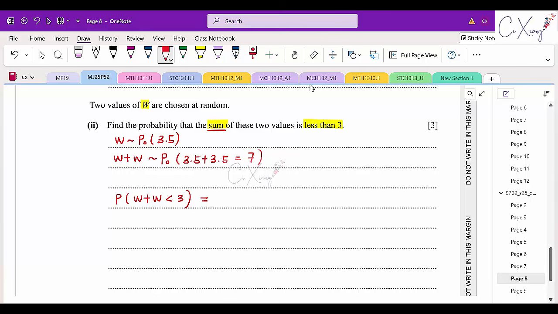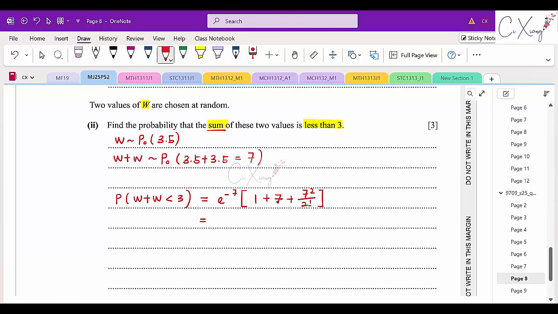Again, for the step, I always prefer to factorize out the e power negative lambda first. Lambda power 0 divided by 0 factorial is always 1. Lambda power 1 divided by 1 factorial is always lambda. So this is the term for W plus W equals 0, W plus W equals 1, and W plus W equals 2 will be 7 squared over 2 factorial.